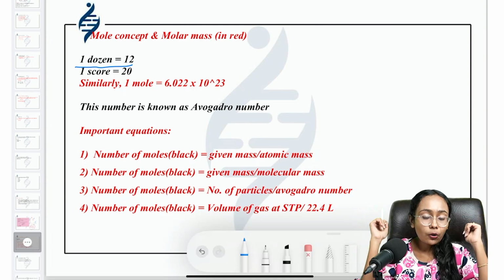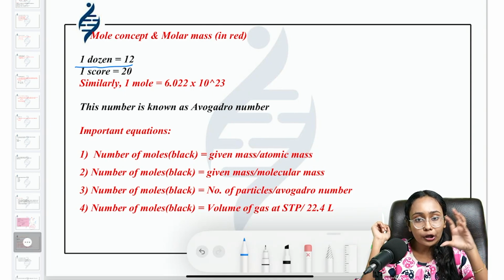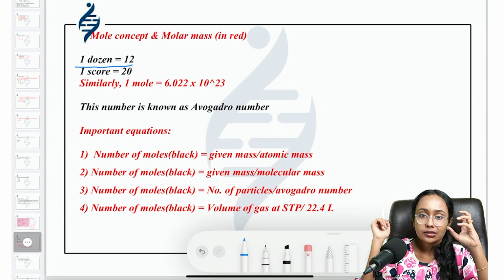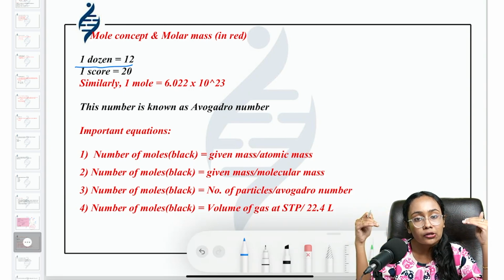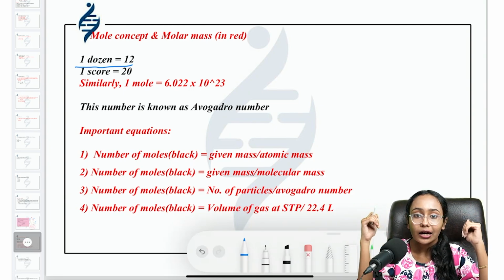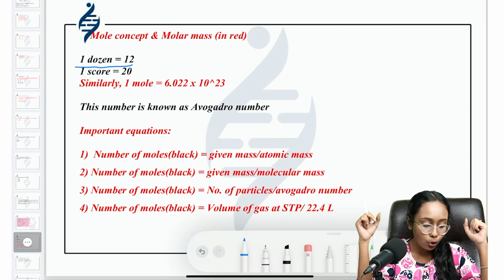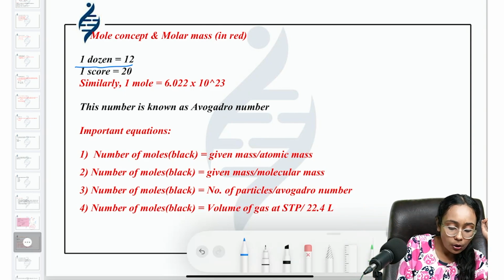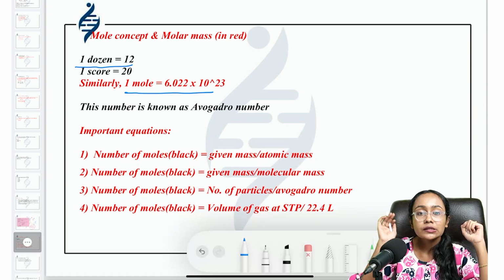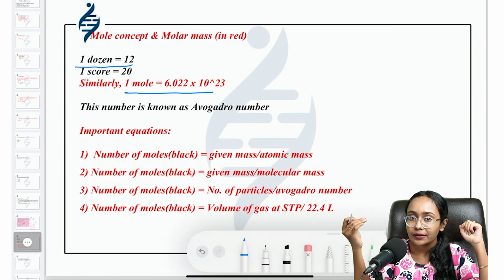In a similar way, to represent microscopic molecules, microscopic atoms, or quantities at the microscopic level, I have the term mole. 1 mole means 6.022 into 10 raised to 23.